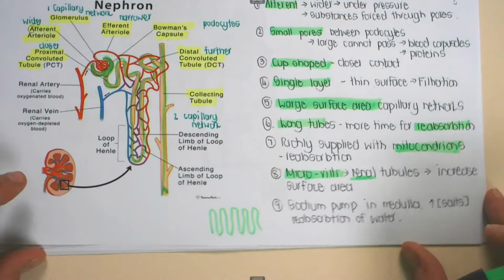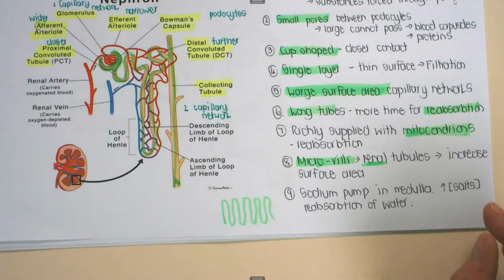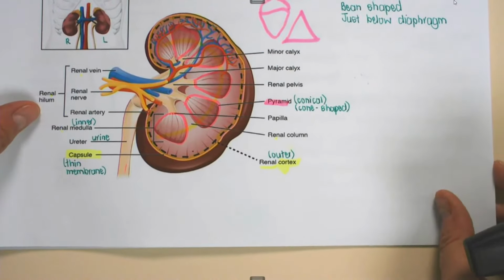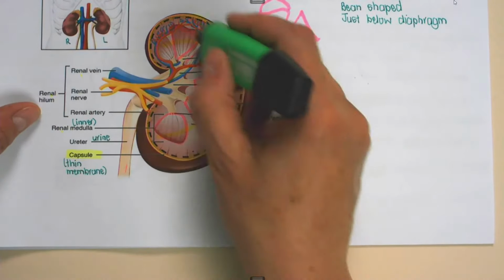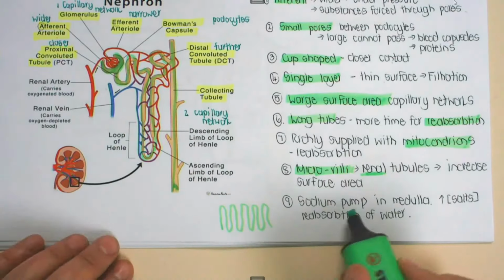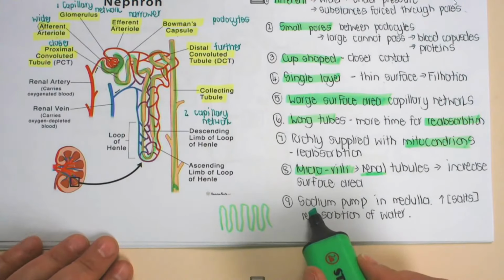Okay, and then the last thing, if I go back here, this is now the kidney, right? The medulla is that middle area. Medulla sounds to me like middle, right? There's where we have the sodium pump. Sodium is salt in the medulla.